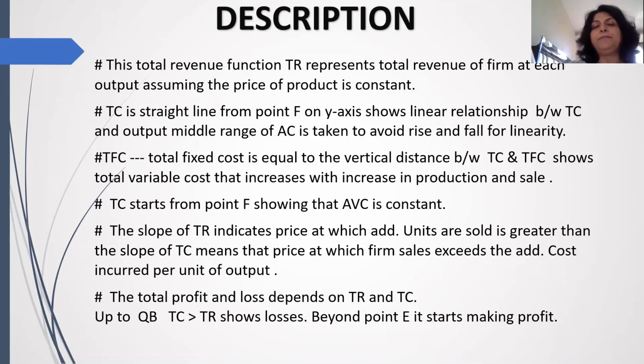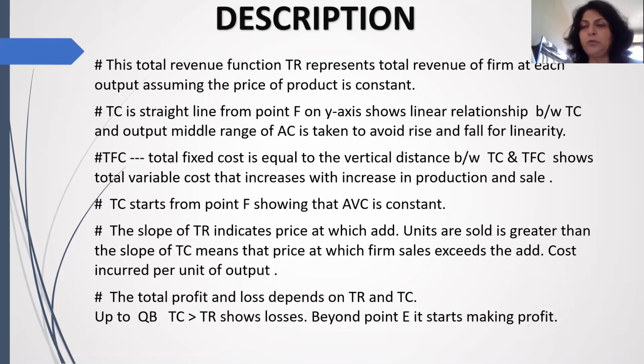Then coming to TFC. The vertical distance between TC and TFC shows total variable cost. So for achieving total variable cost, we need to see TFC. I would like to mention here that if your production is 0, your TFC is constant, say 10, and throughout the increase in the output, your TFC will remain constant.